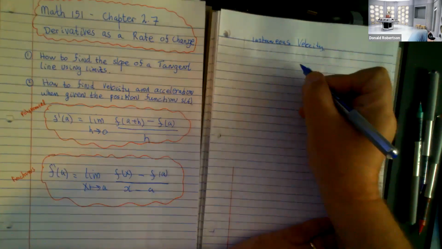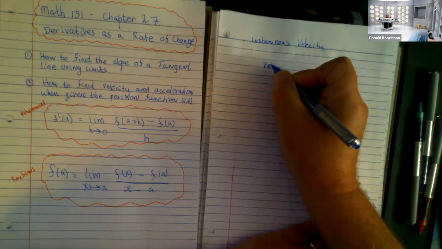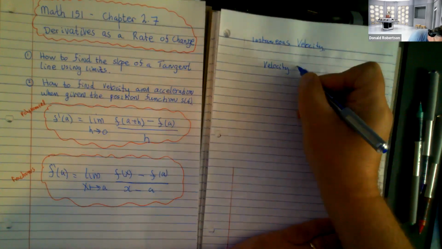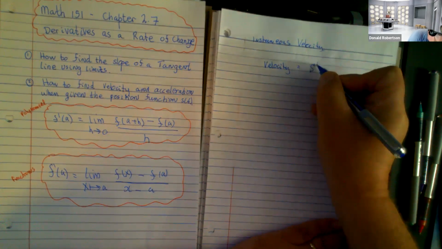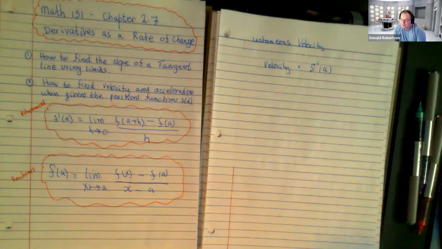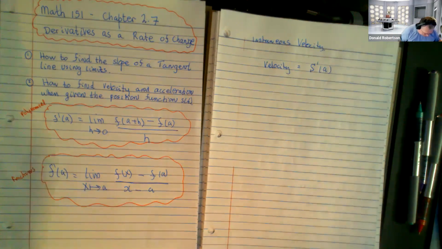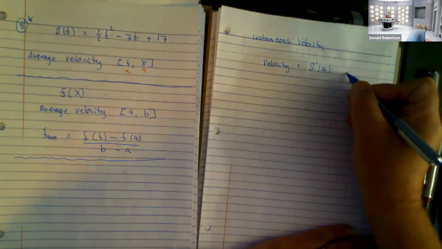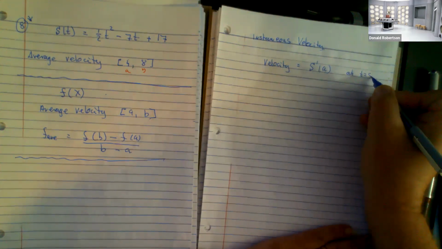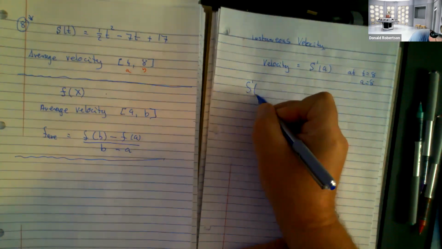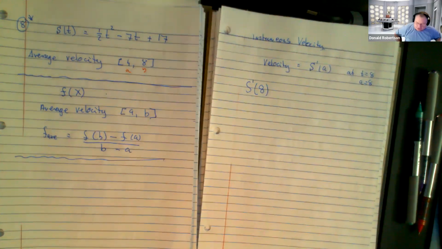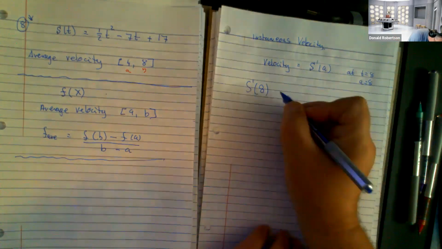And if you want to find the instantaneous velocity, which we will just call velocity for short, you find that guy. Does that make sense that the derivative would be the instantaneous rate of change, the instantaneous velocity? So we had an ugly function, this guy, and we want to find the instantaneous velocity at t=8. So in other words, a is going to be 8. So s dashed of 8 is going to be the instantaneous velocity at the 8-second mark.